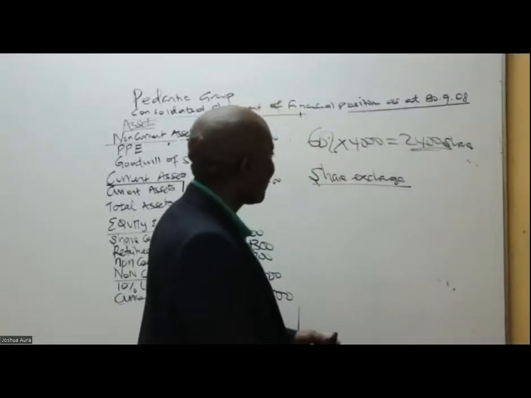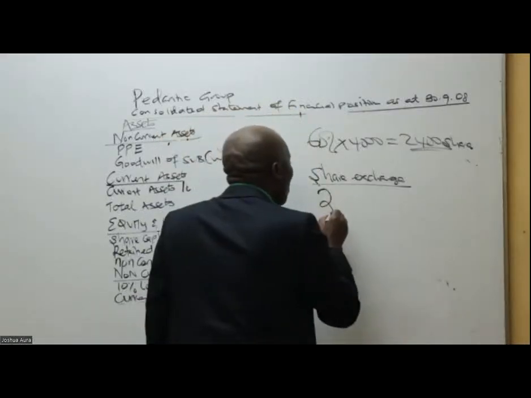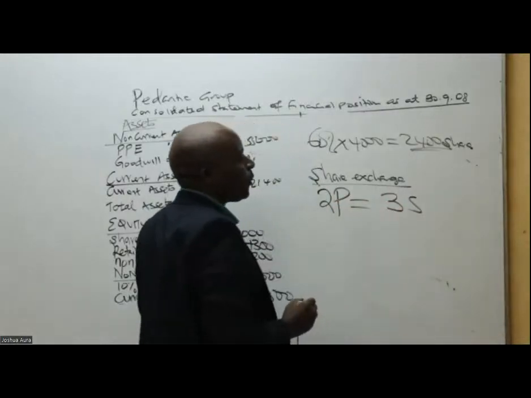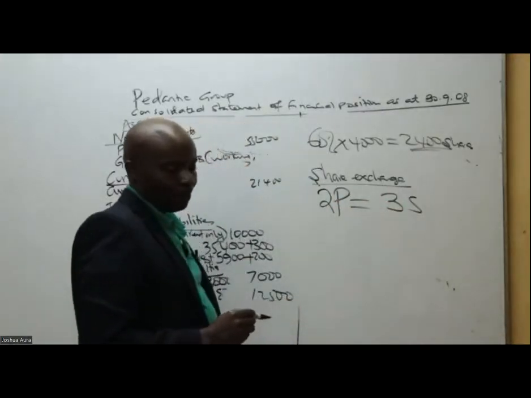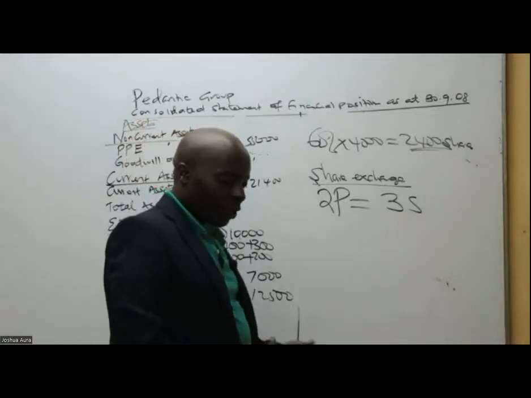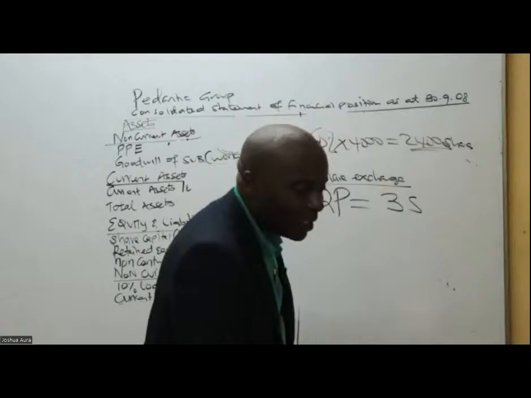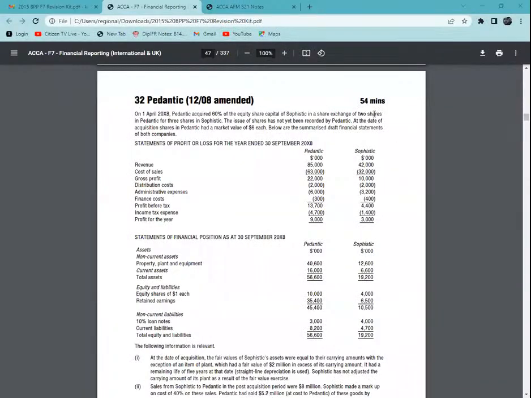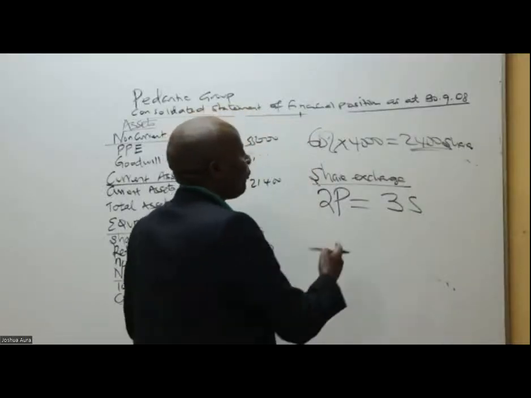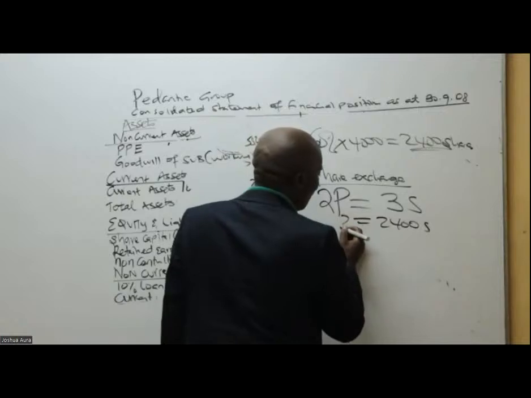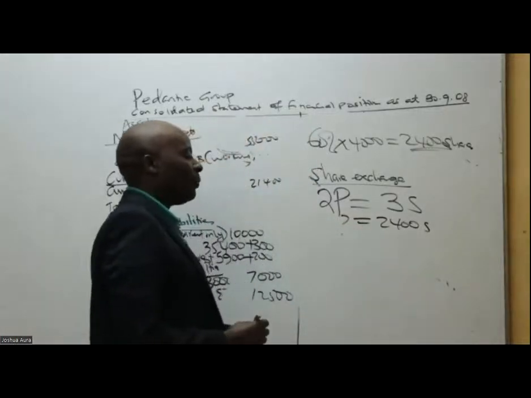So 2 shares of Pedantic equals 3 shares of Sophistic. And we bought 2,400 shares of Sophistic. These will be equivalent to how many shares of the parent company?